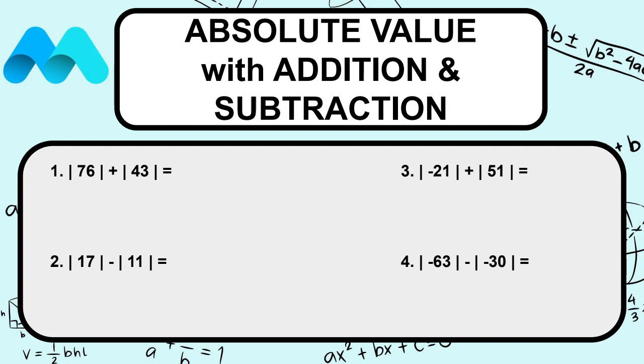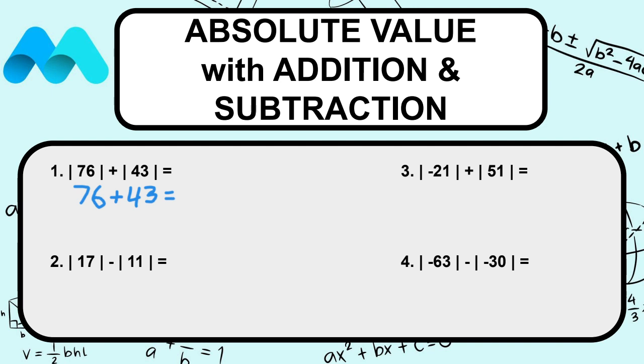So in number one, and we work, of course, left to right here, we're going to look for the absolute value of 76 first, which is 76. So I'm just writing 76 here. I'm going to bring down my addition sign because we are adding. And then the absolute value of 43, which is 43. If you don't remember, absolute value is the distance a number is from 0.